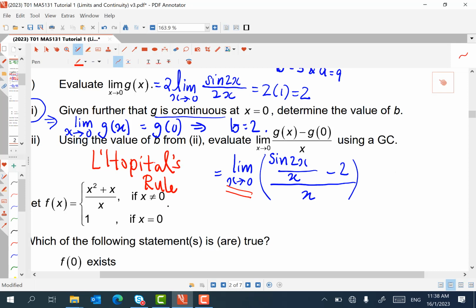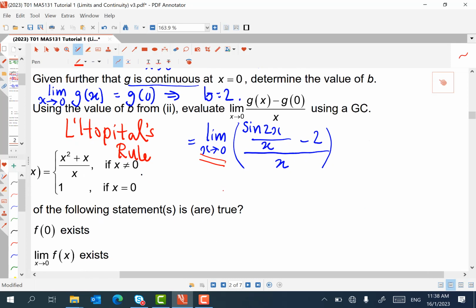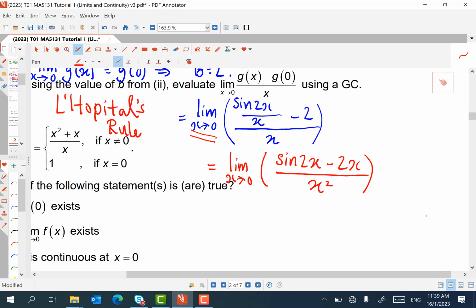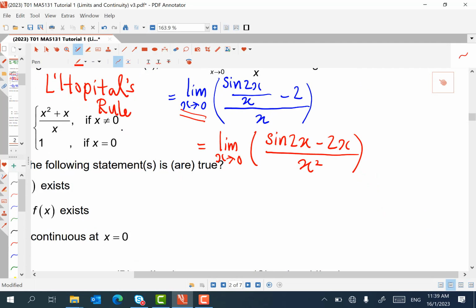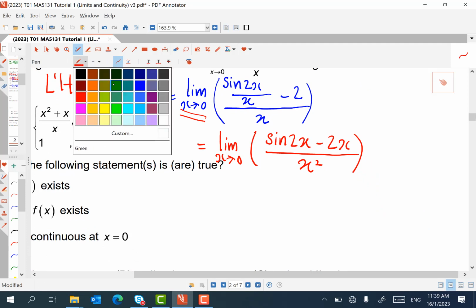Okay, just to show you this rule in action. First and foremost, you want to rewrite it like that first. When x goes towards 0, what can you say about the numerator?